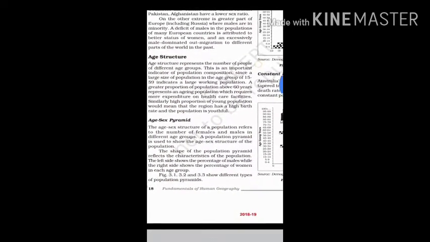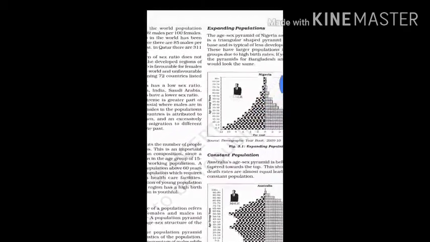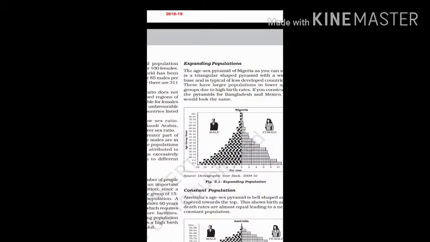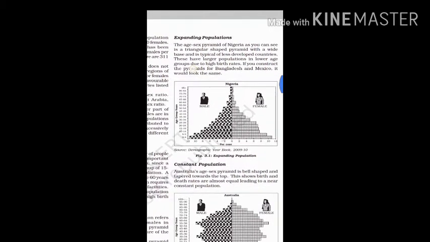I have told you why age sex pyramid is important, and you will write those points which I have explained here. But if the question comes, what are the types of age sex pyramid, then you will write this one: expanding population, constant population and declining population. First let us talk of expanding population.